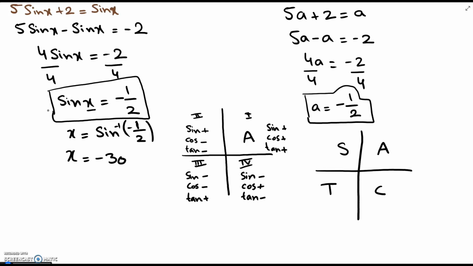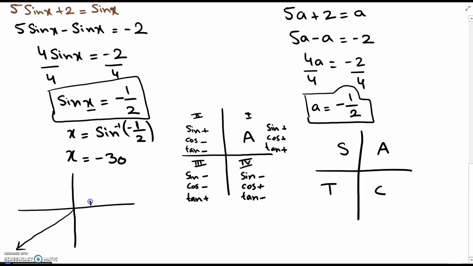But there is a concept of reference angle, which we did. A reference angle is an angle which is connected to the x-axis. Now look at this one. Let's say you have an angle right here in the third quadrant.